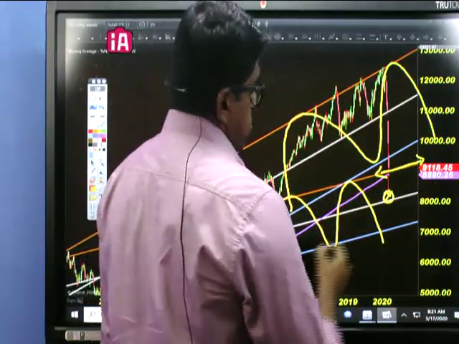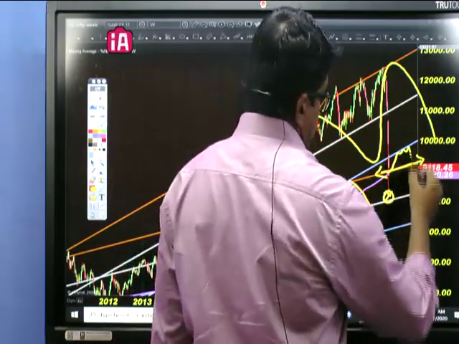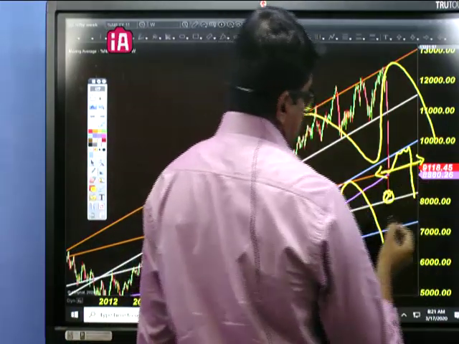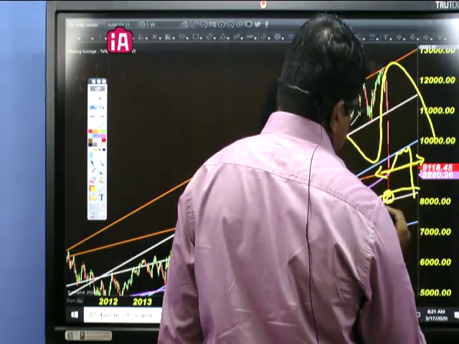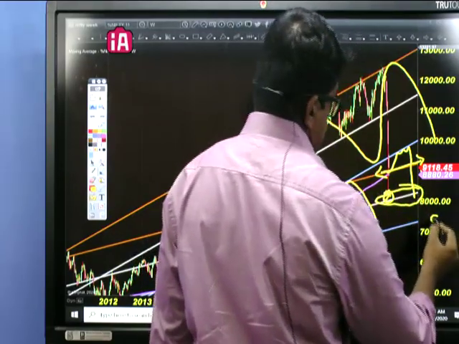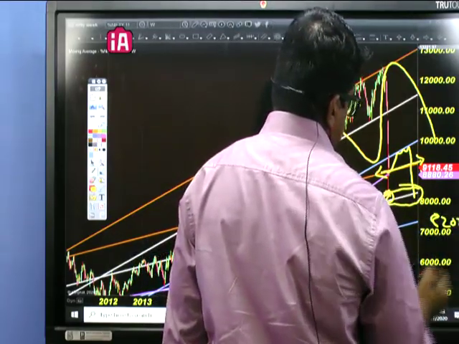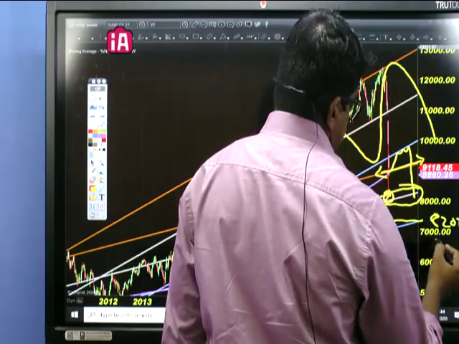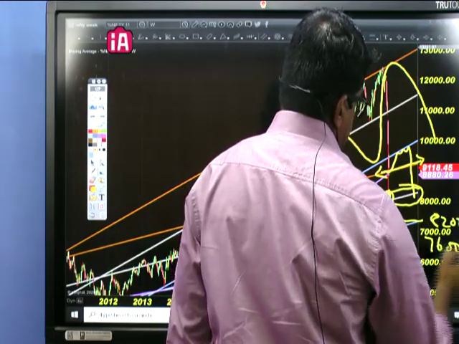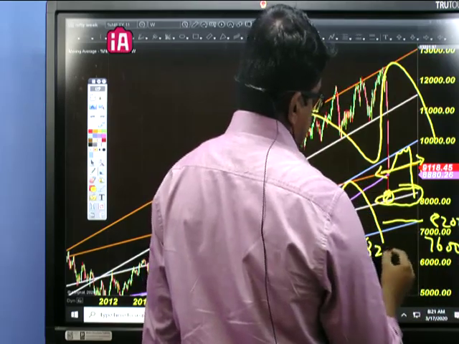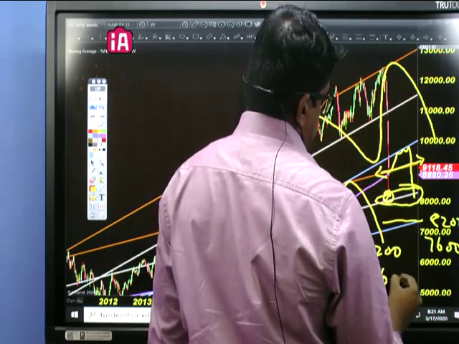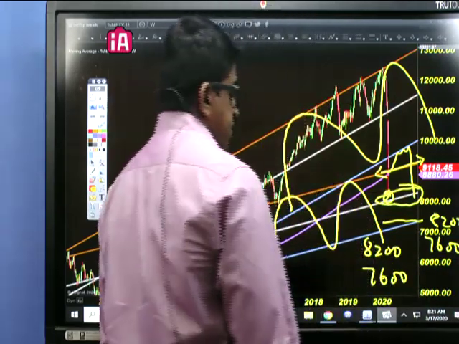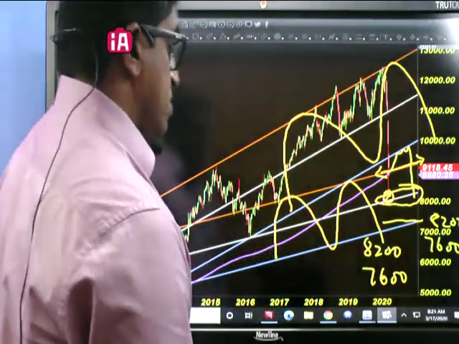Maybe it will hit this blue line and come down, but we feel this white line, maybe 8,200, can be tested, or 8,000, 7,600. If things go worse in the international market, that will pressurize our Indian Nifty to test 8,200 or 8,600.